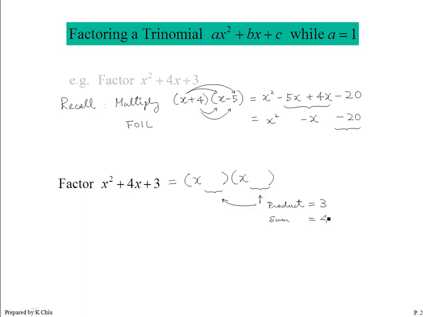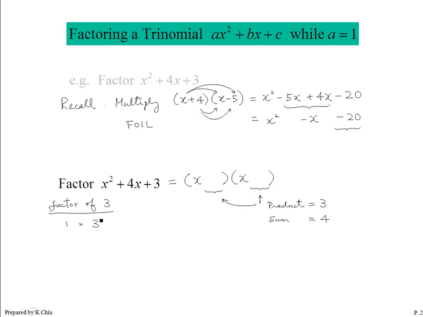Now, we start with the product. So we will list out the factors of 3. I'm looking for two numbers that multiply to 3. We begin with 1: 1 times 3.